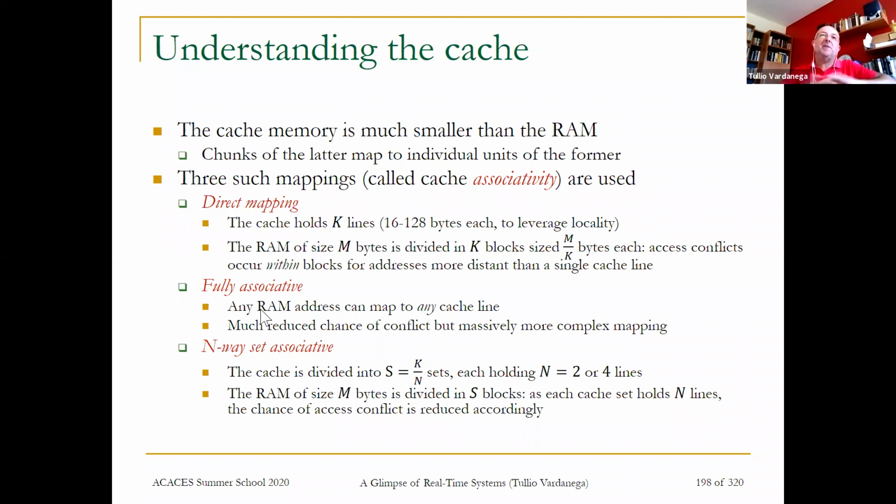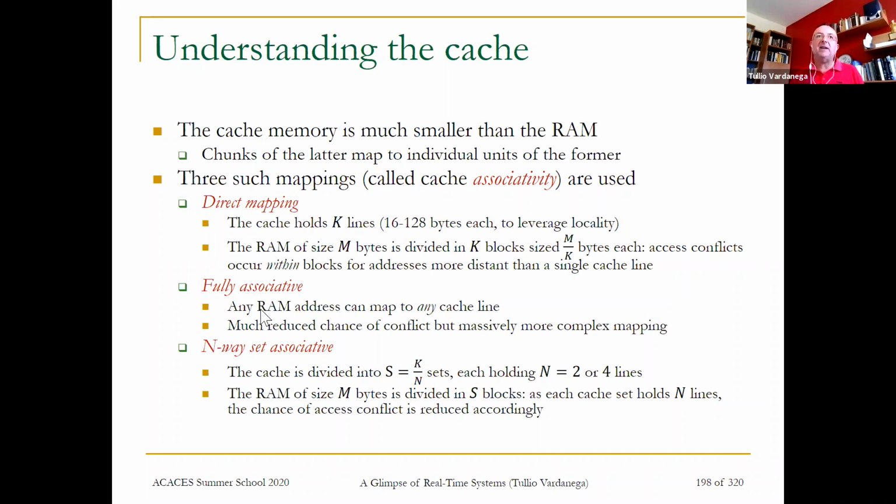If you had freedom to place stuff anywhere, you'd be happy. But in placing, you have a harder time in retrieving. The extreme alternative is that you only have one position. This is called direct mapping. Any location in RAM has only one possible position in the cache. Is this good news? No, it's not.